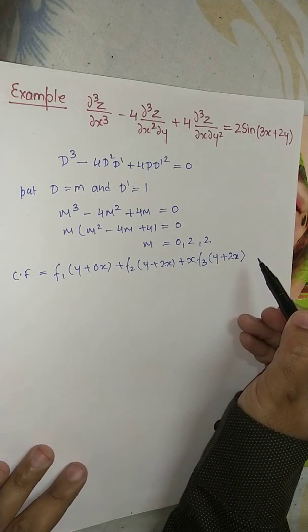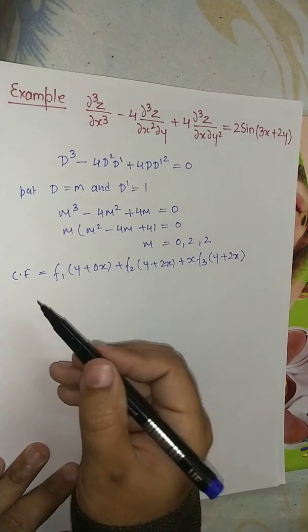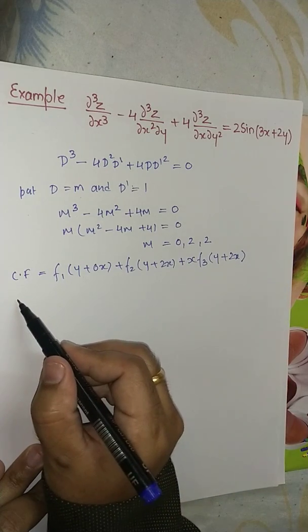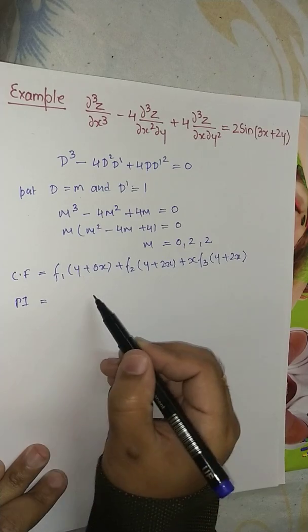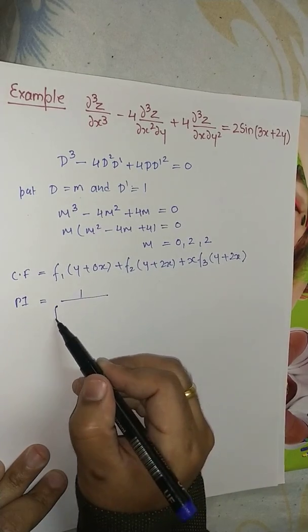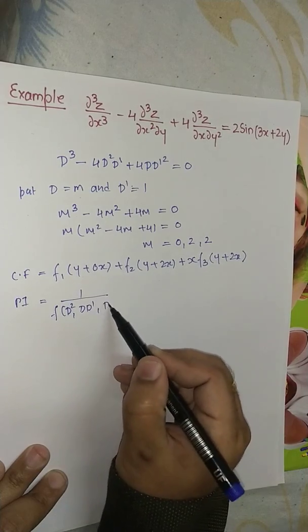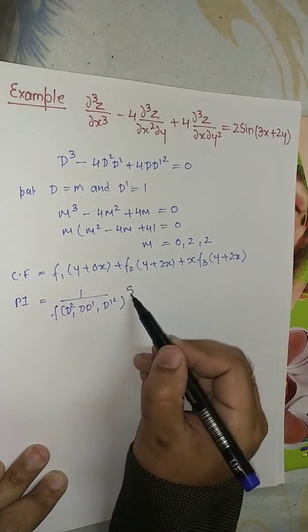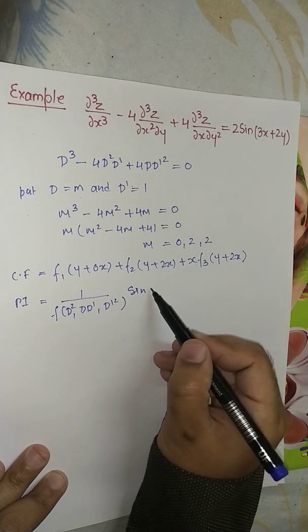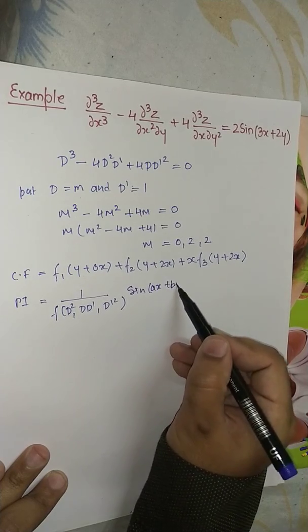Now finding out the second part, which is PI. To solve the PI, this will be written in the form f of D square, D dash square, sine of ax plus by.